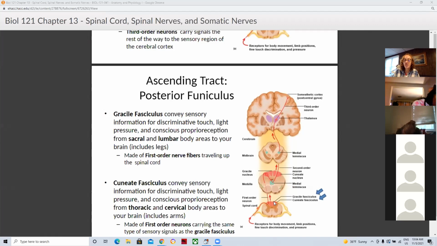What type of feeling is it? Is it a rough feeling? Is it a slimy feeling? Light pressure and conscious proprioception from the sacral and lumbar body areas to your brain, so from the legs and the lower abdomen to your brain.